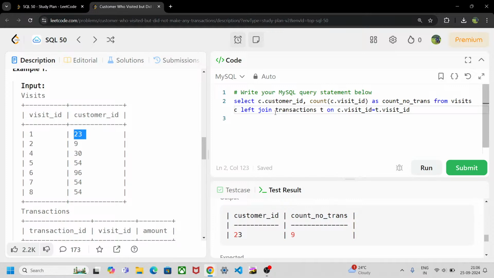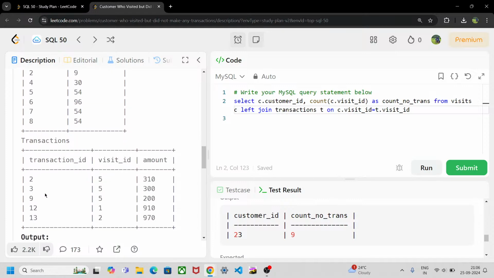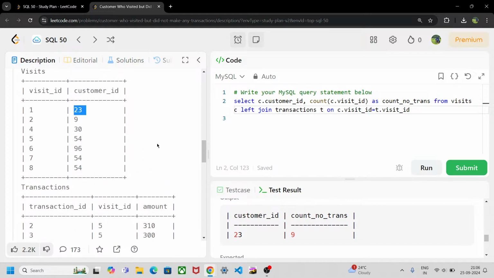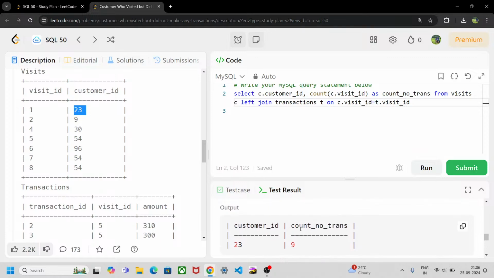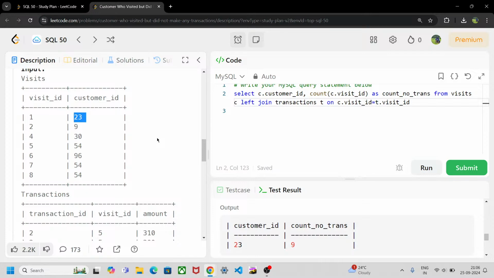What I am doing here is the count of visit ID. It is counting 1 2 3 4 5 6, 1 2 3 4 5 6 7. From where is it getting 9? It is doing the count of visit ID.